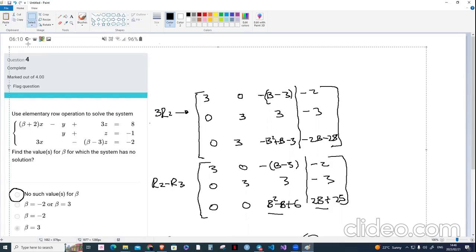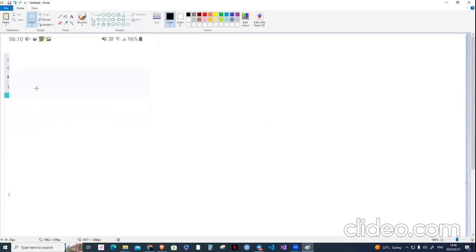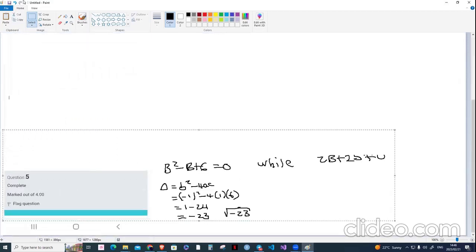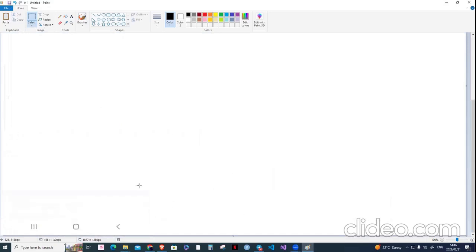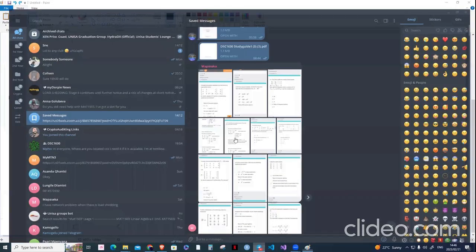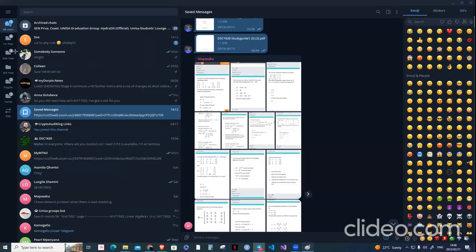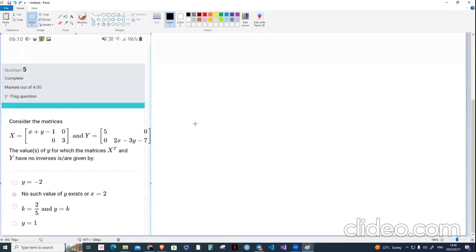Move everything here. Oh no. I'm going to copy it again. Question 5. Yep, there it is. Solve for question 5.